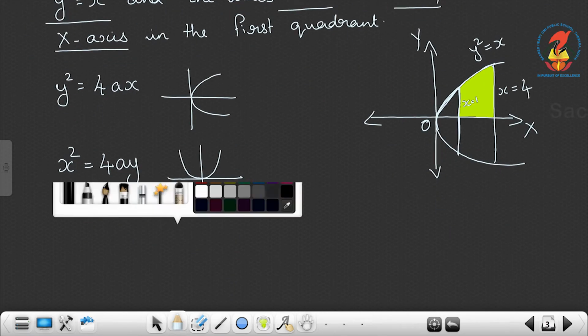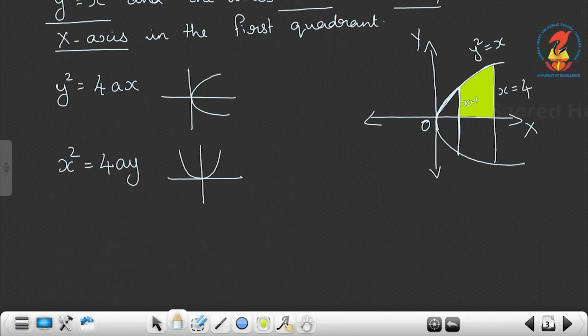So how to write the formula? Therefore required area, if you want you can give the name A, B, C, D, or required area is equal to integral. So we have to find the area bounded by the curve y square equal to x, the lines x is equal to 1 and x is equal to 4 and the x axis.